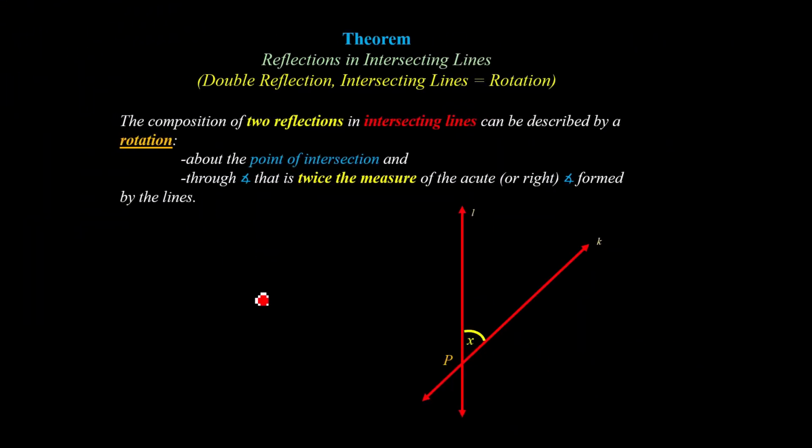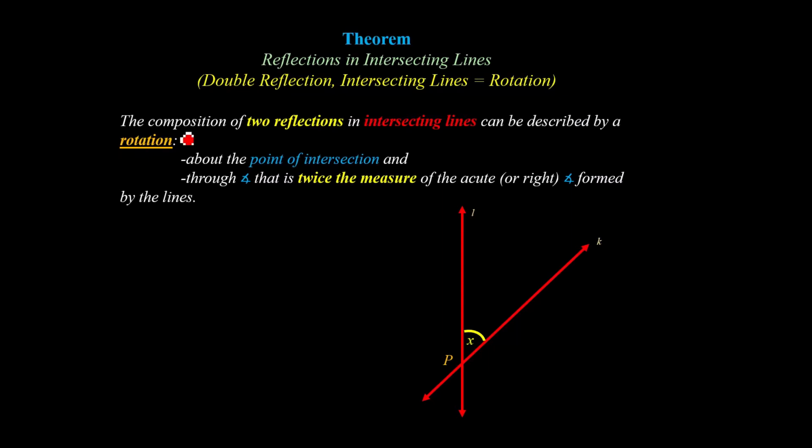And then we also learned this particular theorem, and this was the reflections in intersecting lines. Previously we had reflections across two parallel lines, and here we have reflections across two intersecting lines, or double reflections in intersecting lines equals rotation.